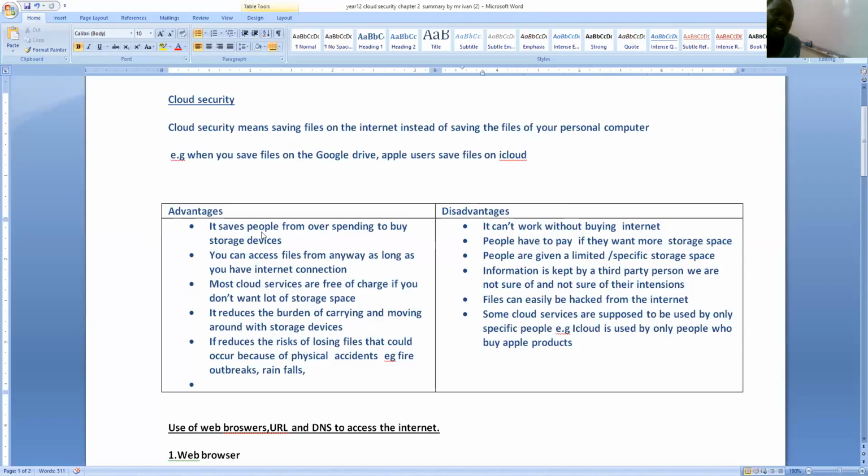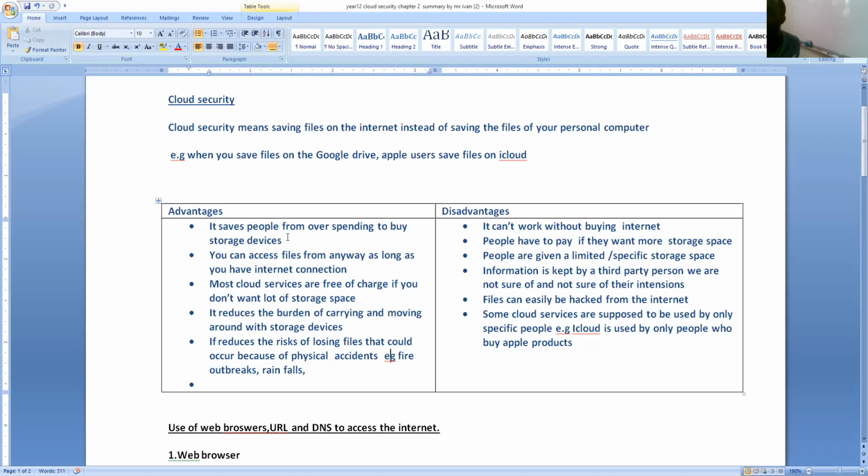All right. So the first one says it saves you from overspending on storage devices. You know what this means? It means that instead of, for example, buying a flash disk just to keep pictures, you can save your files on the cloud.